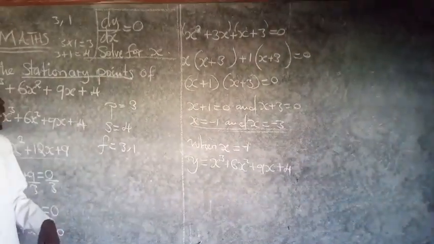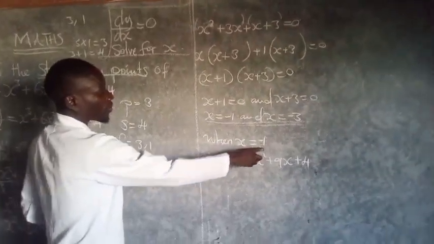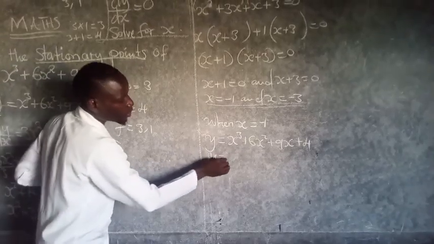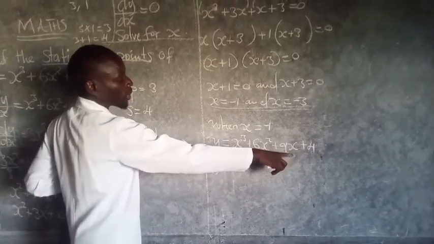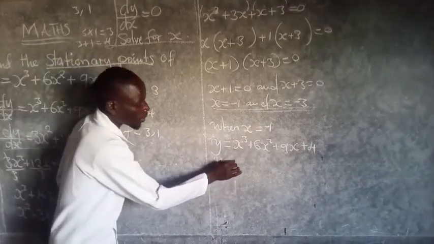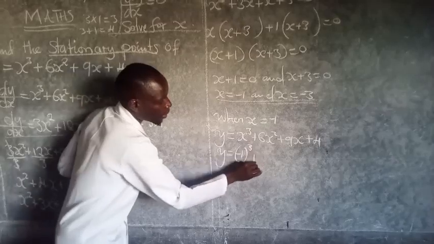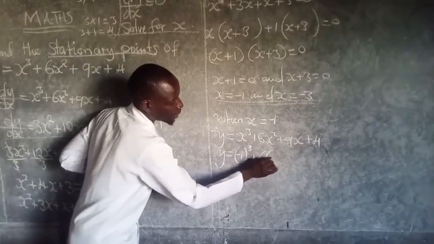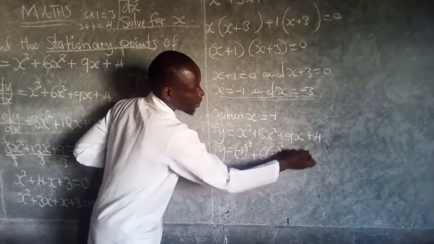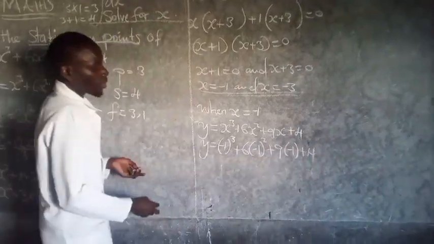Thereafter, we are saying when x is equal to negative 1, we need to find the value of y. So y is equal to, whenever there is x in this question, we are going to substitute with negative 1. So we will say open bracket negative 1, close, to the power of 3, then plus 6, open bracket negative 1, close, then squared, plus 9, open bracket negative 1, then plus 4.